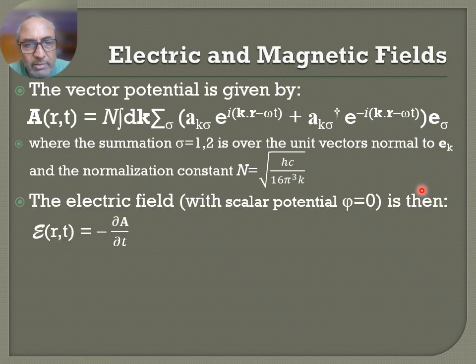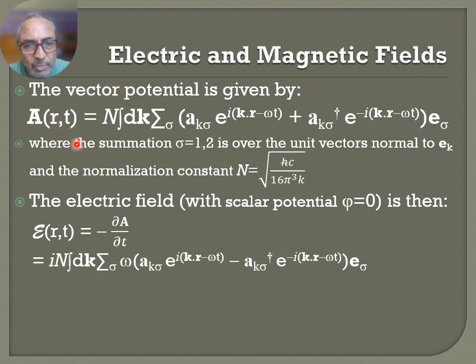The electric field is then given by E equals minus del A by del t, with the scalar potential phi being equal to 0, and that is obtained by differentiating this equation for the vector potential with respect to time to give this equation here.